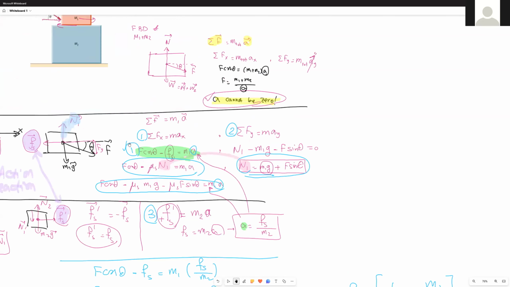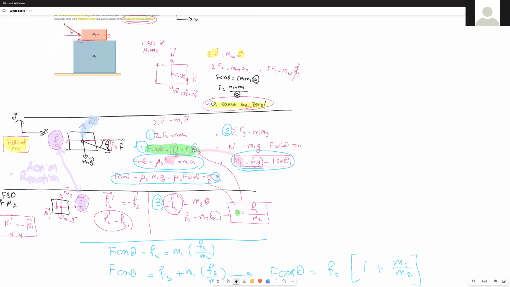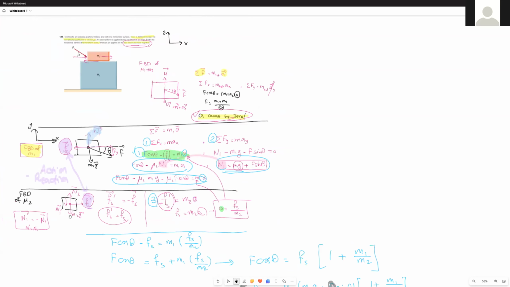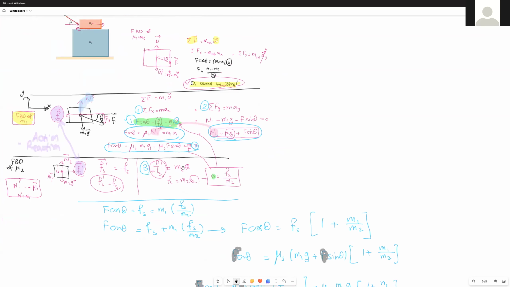Let me take a look at the algebraic expressions. Let's start from the beginning. F cos theta minus Fs is going to be equal to mass times acceleration, mass of m1, this top one, times acceleration. On the m2, I only have static friction in the direction of motion, equal to m2a, and a is going to be equal to Fs divided by m2. If you replace a by Fs divided by m2, that's the replacement in equation 1. And let me make sure I got n1 right. n1 minus m1g minus F sine theta is equal to 0.